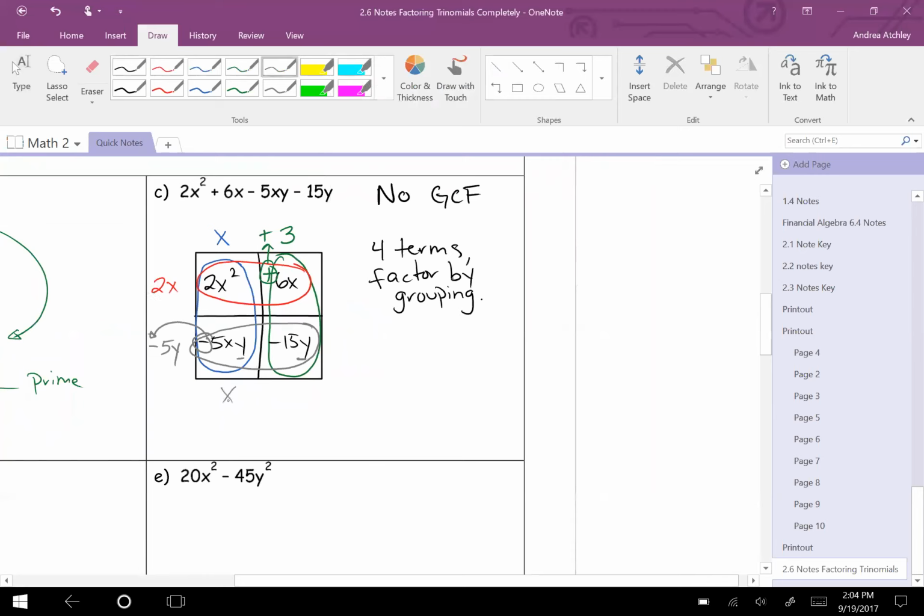And then negative 15 divided by negative 5 is 3, and then we have the y, which will cancel out. So this matches this up here, so we've done this correctly. So my factors are the x plus 3 times the 2x minus 5y. Any questions over that?